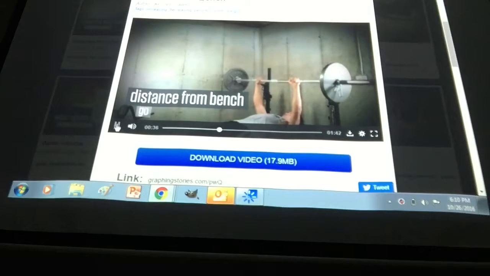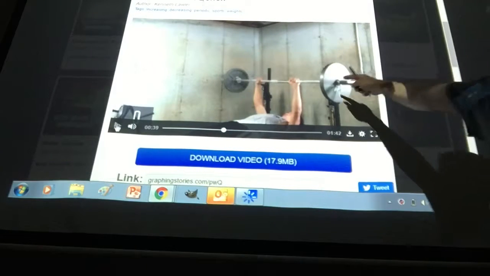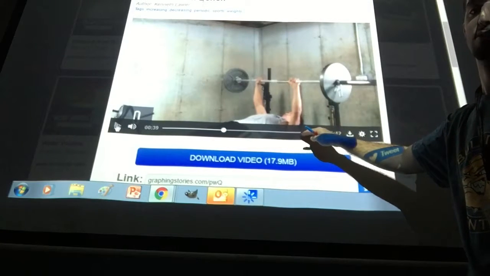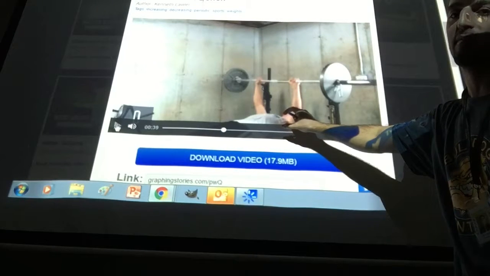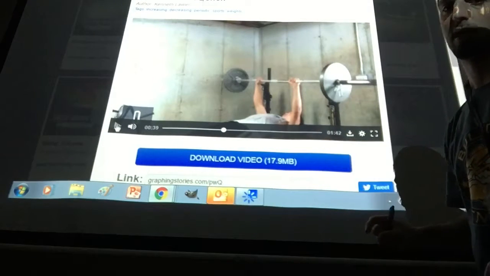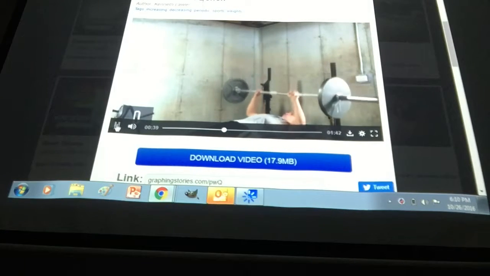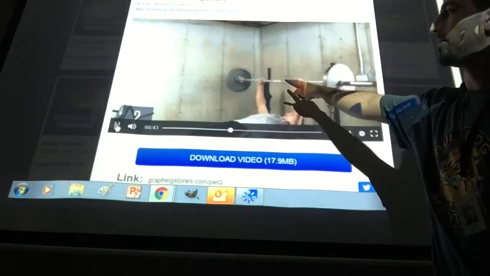Now, just to give you another hint, this bar is right now 3 feet from the actual bench. When it reaches his chest, it's 1 foot away from the bench. So it goes down, then goes back up.